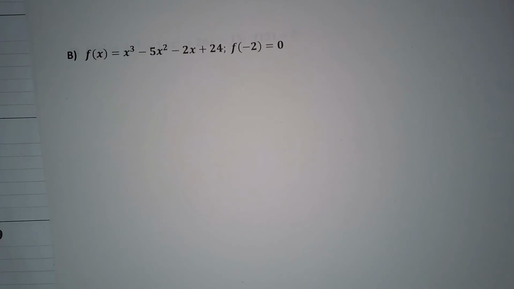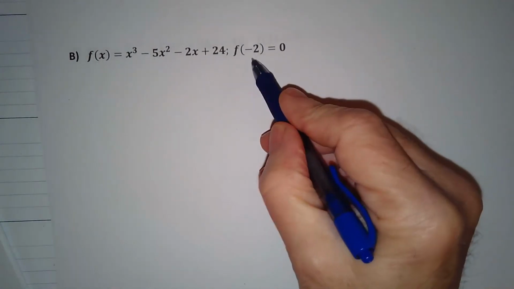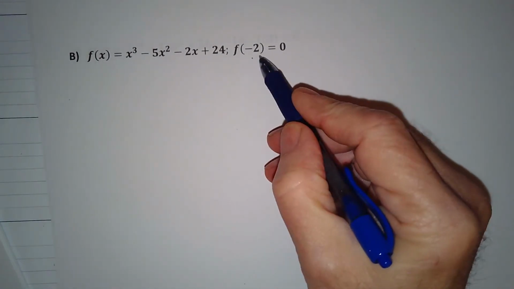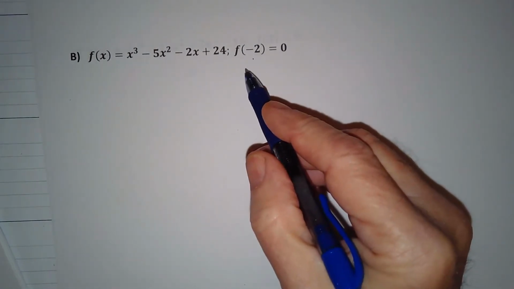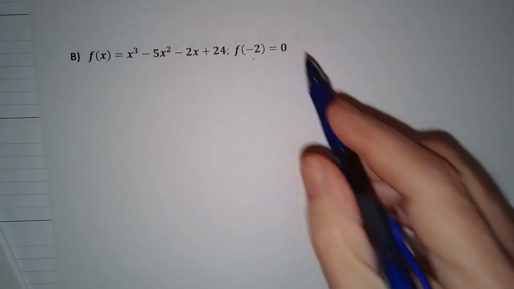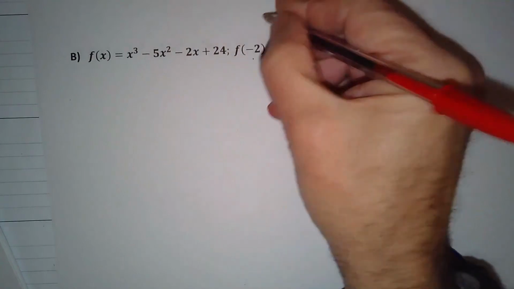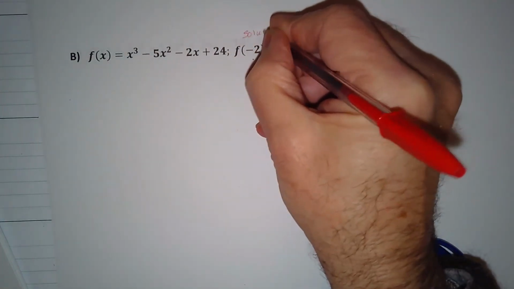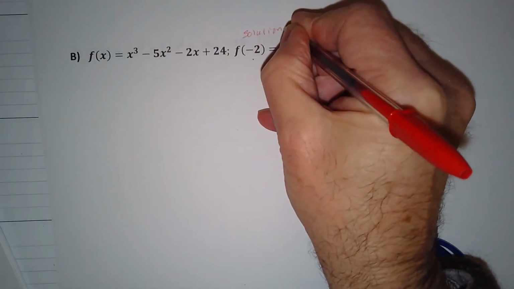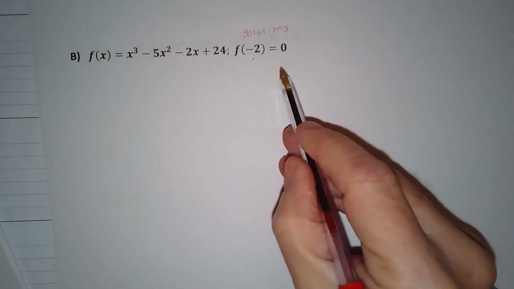Okay, so let's look at another problem here. And here you'll notice that f of negative 2 equals 0. So these are actually your solutions for what x is when y equals 0.